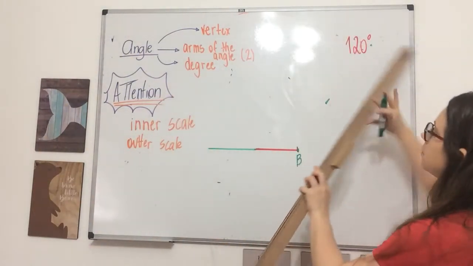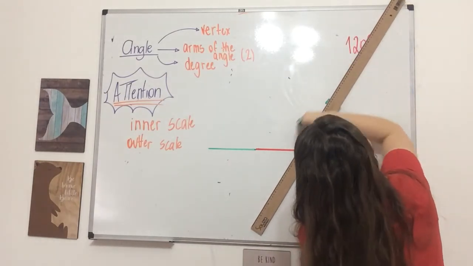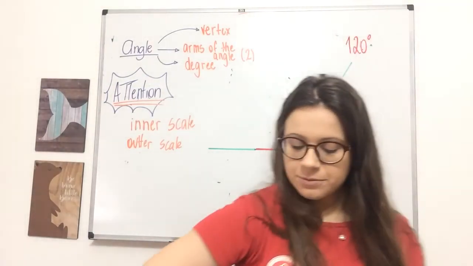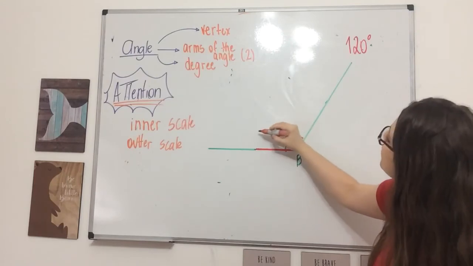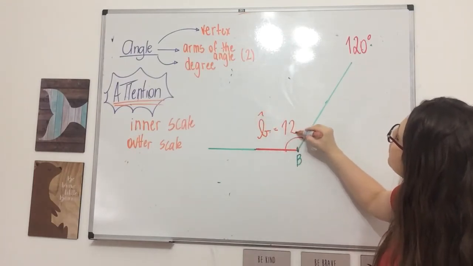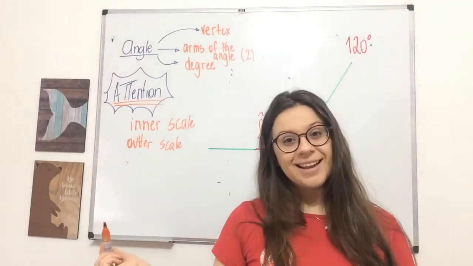So I get the ruler and, ta-da! I found my obtuse angle. And this is B, 120 degrees. And that's how we build angles.